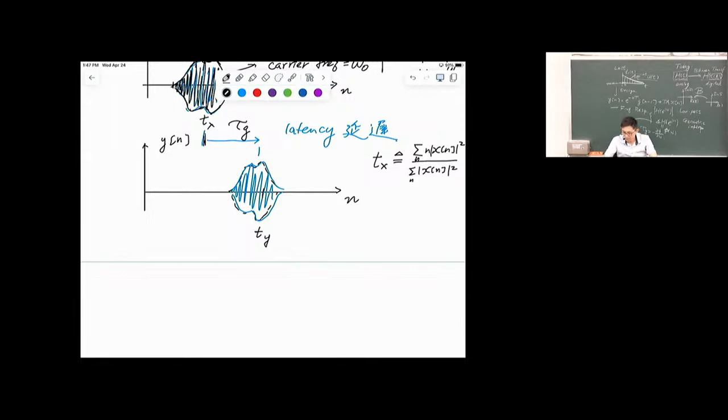And similarly, we define the centroid time for the output signal as the expected value according to its energy.